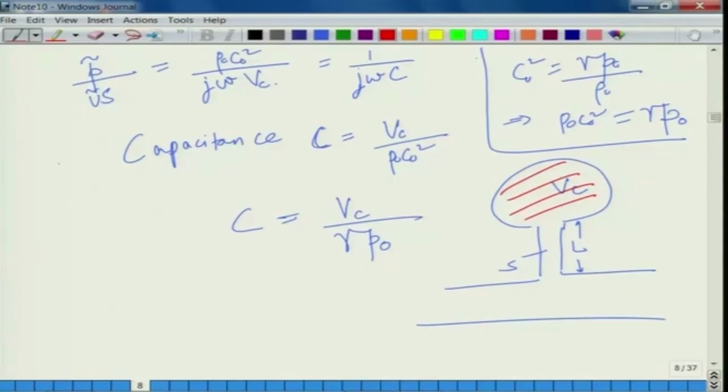So, suppose the wave is coming to this point here, it is going to see some impedance at this point, and some part will be going in the downstream direction.